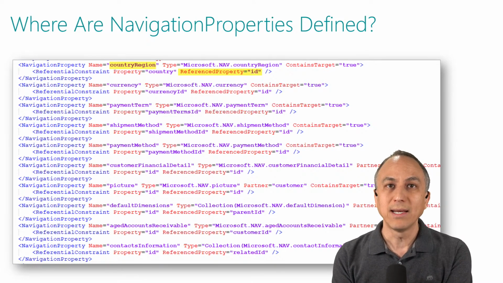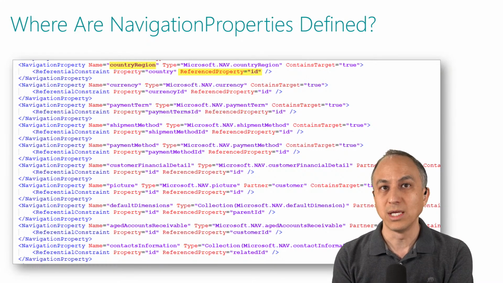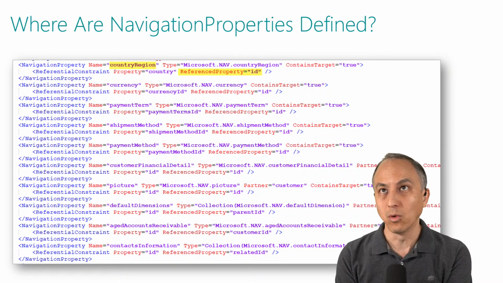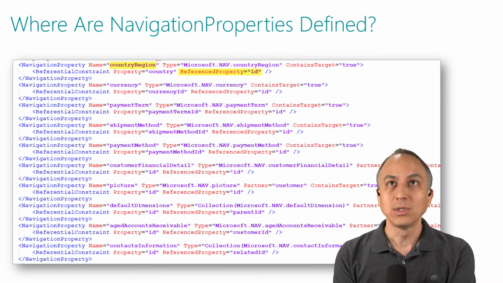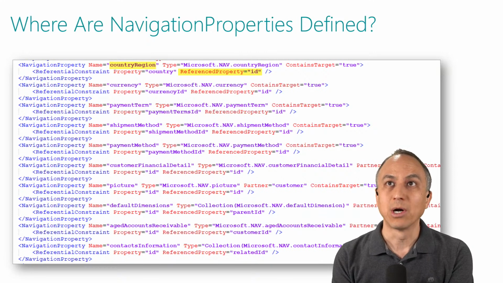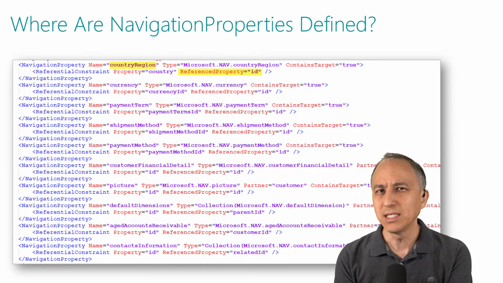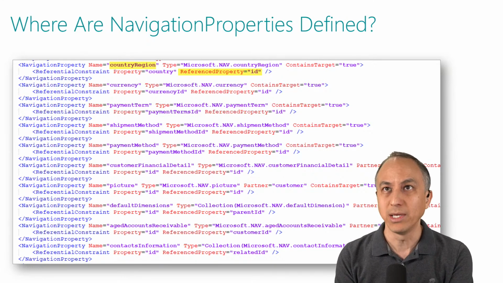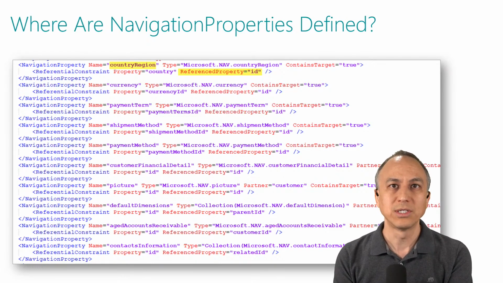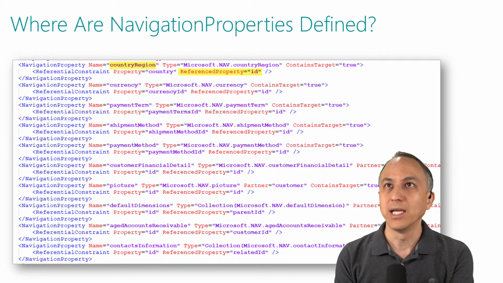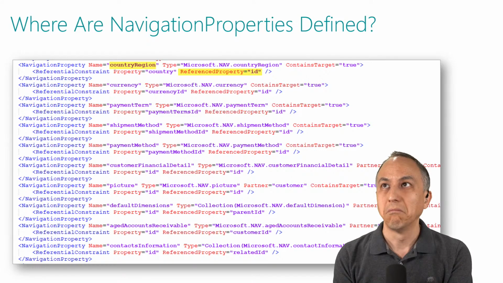If you look at the metadata and then search for the sales credit memo endpoint, you can scroll down and see these navigation properties, and there are like 10 of them. And it's like, wait a minute, we only see 4 parts in the actual API page. How are the other 6 being supplied? And you see navigation property, country region, it's here.